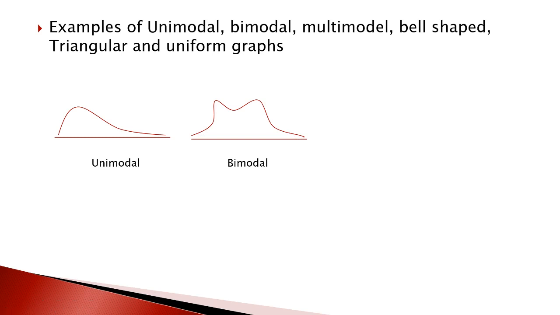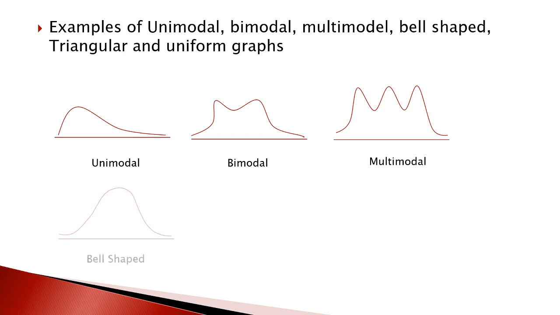Next we have the multimodal. Again, it has more spikes than bimodal and unimodal. We call it the multimodal shape. And the fourth one is a bell-shaped curve. If you see a curve like this somewhere, it's a bell-shaped graph. Okay, and the fifth one is a triangular.